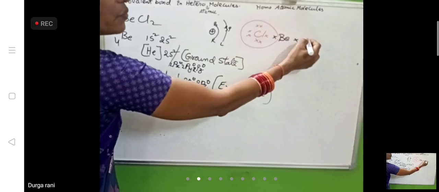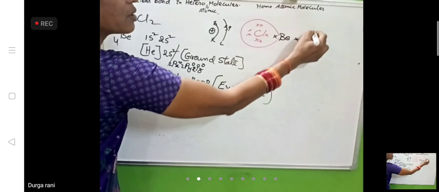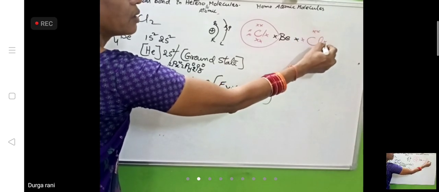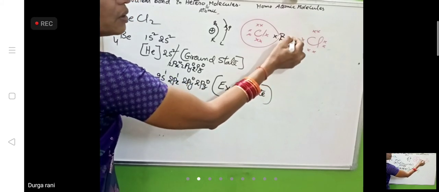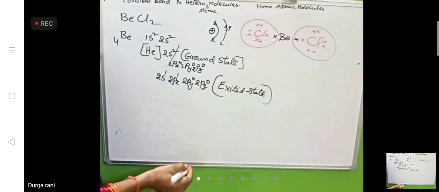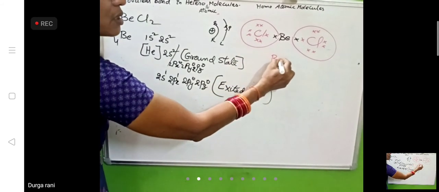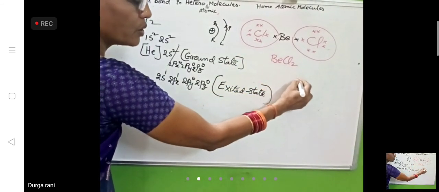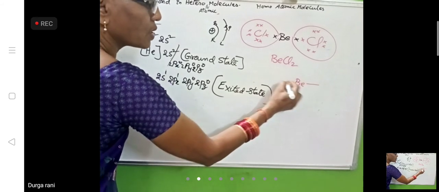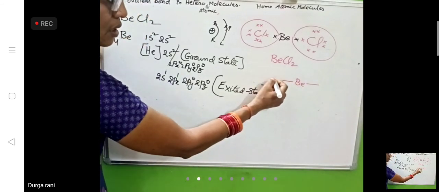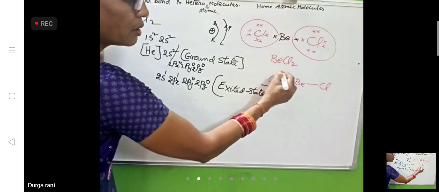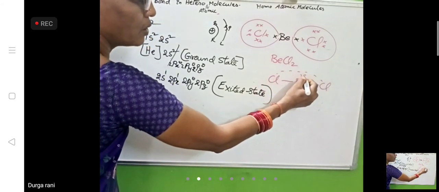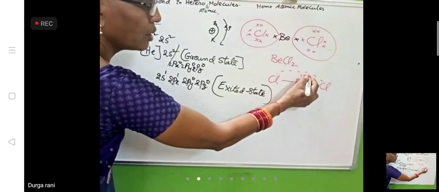And if you take another chlorine atom with 7 electrons, this also forms another new bond. In this way, BeCl2 molecule will be formed and it has a linear shape. It is a linear molecule. What will be the bond angle here? 180 degrees.